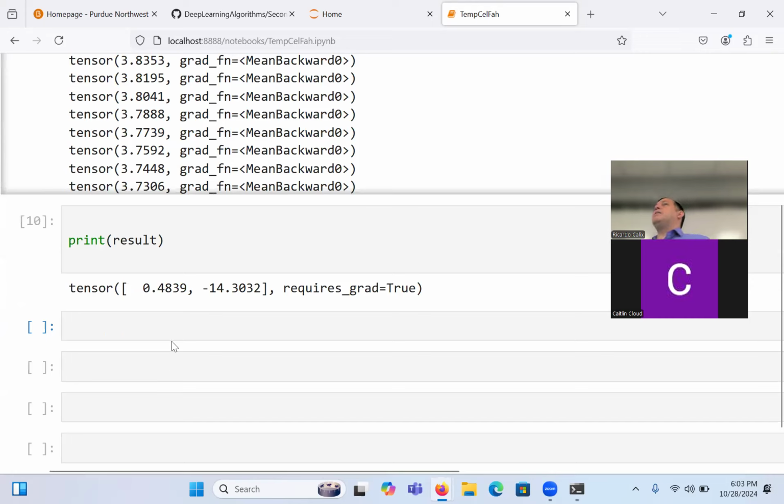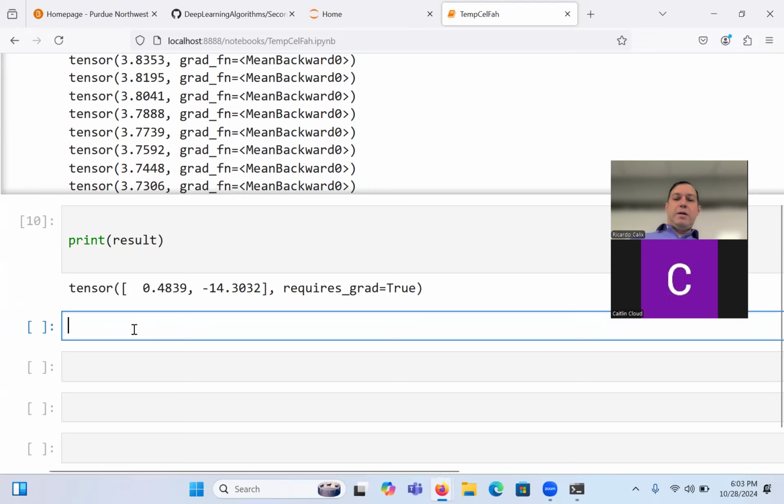That 0.48 means you have to multiply your Celsius times 0.48 and then have this bias of minus 14 to arrive at the other temperature. Do you guys see that? That's the laws of physics right there, right? Or chemistry or whatever it is.